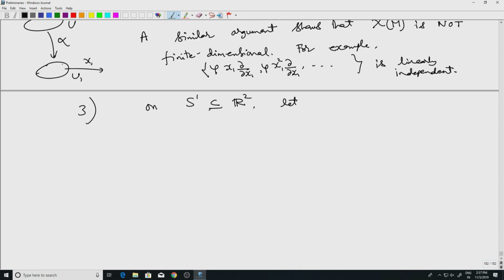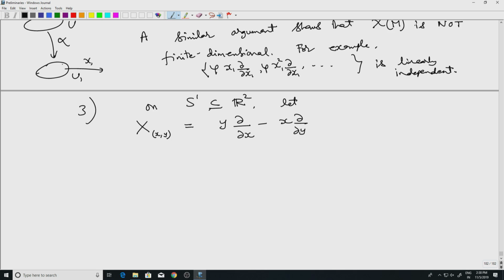Let x, the vector field x at the point x comma y, I define it to be y times del by del x minus x times del by del y. So I want to claim that this x is a vector field on S1.